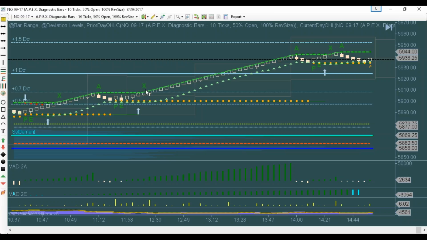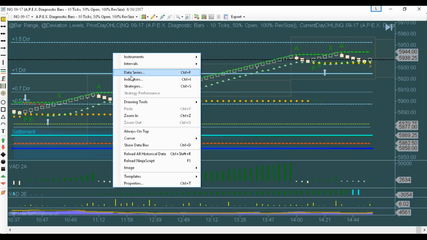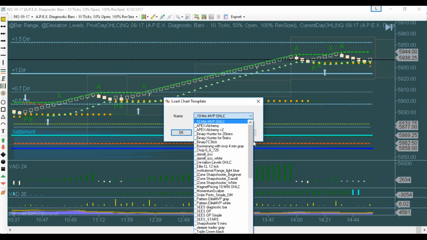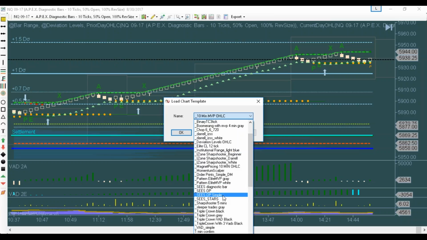Okay, now the simple does not have it. The C's OP simple does not have all of this. That's the one that's in the elite trade room, right? That way you can see it. It's not too cluttered. That's the simple one. So if you go down here to templates, you've got right here C's OP.